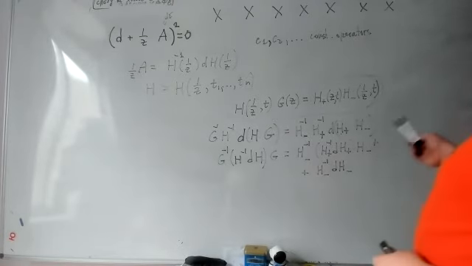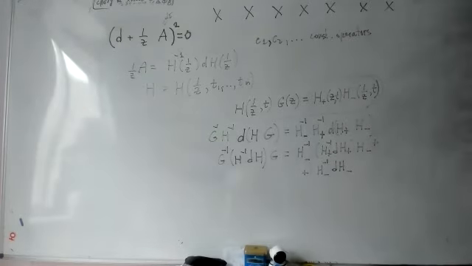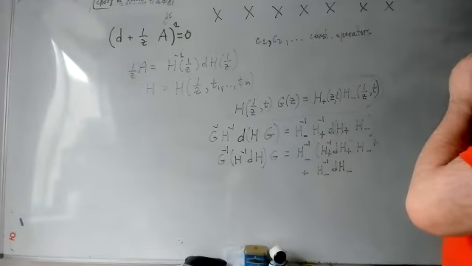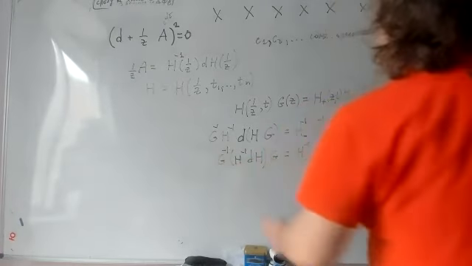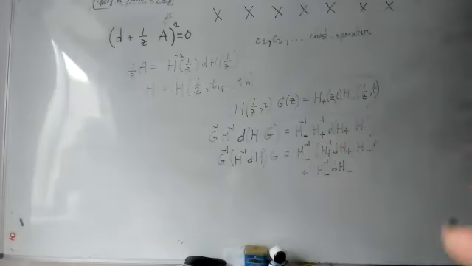I'd like to eliminate H_-. So I'd like to multiply the left-hand side and the right-hand side by H_-.